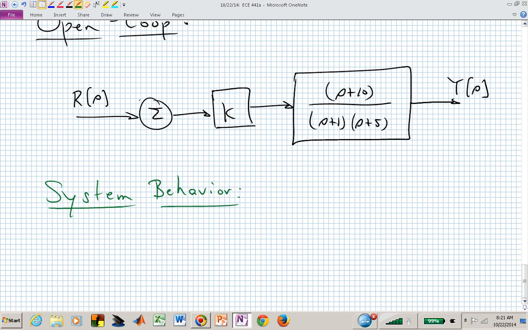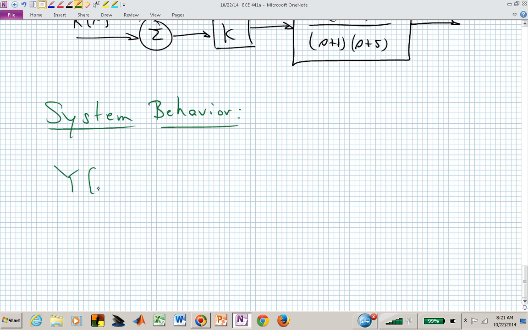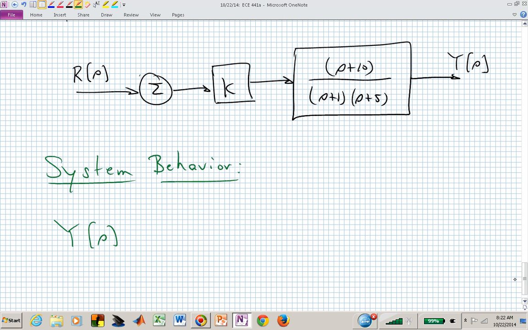You just have to set up the algebra, don't you, from the block diagram. Block diagram algebra. It's just Y is K times the plant, G of s, times the input R. We now can find our system response in the frequency domain.